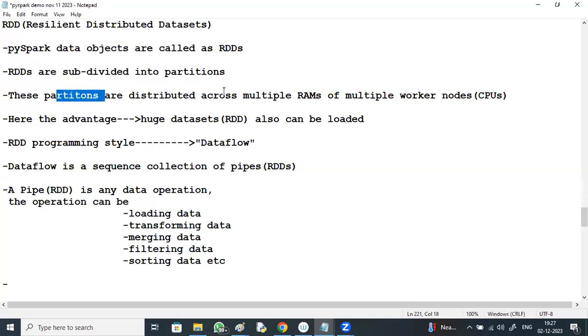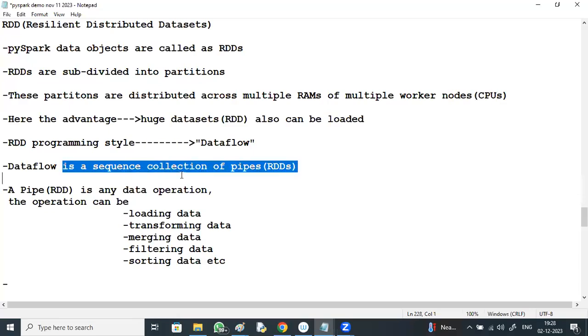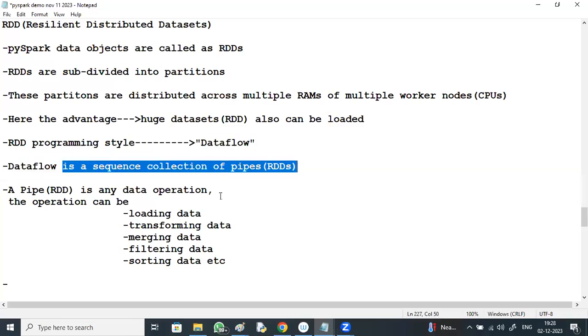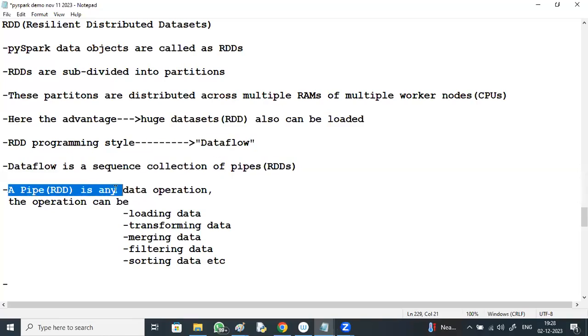Partitions are distributed across the RAMs of multiple worker nodes. And here the data flow is a sequence, a collection of pipes. So RDD programming style is data flow. Data flow is a collection of pipes. A pipe is any data operation, right?